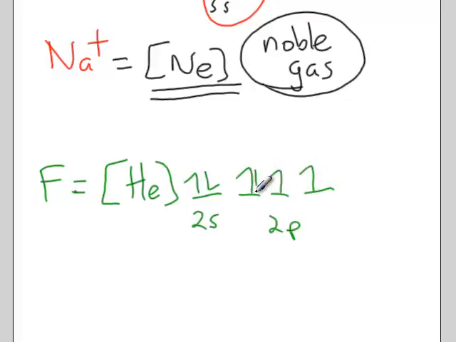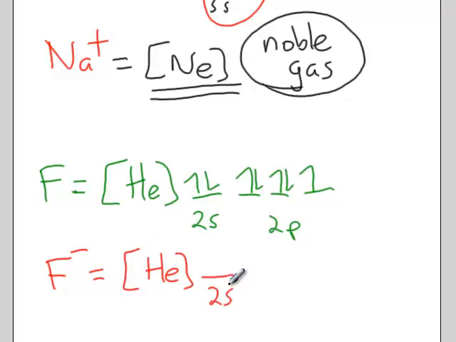It has 5 electrons in that 2p, and fluorine turns into fluoride by gaining 1 electron to form a -1 ion because it has space in that 2p for 1 additional electron.